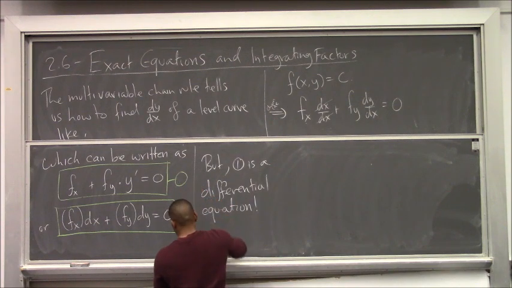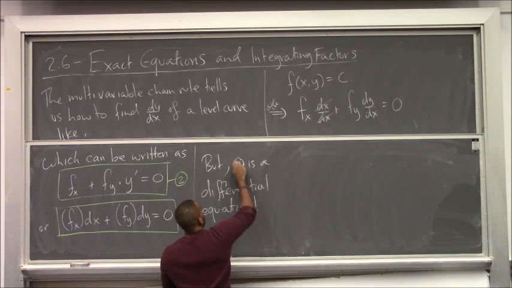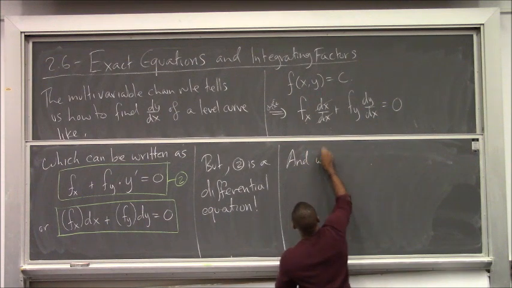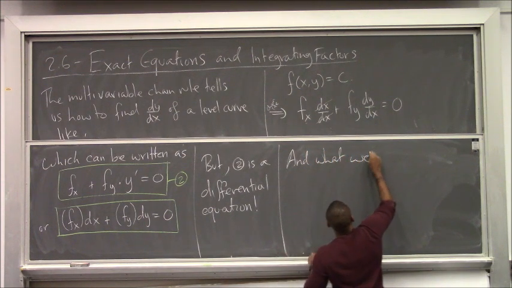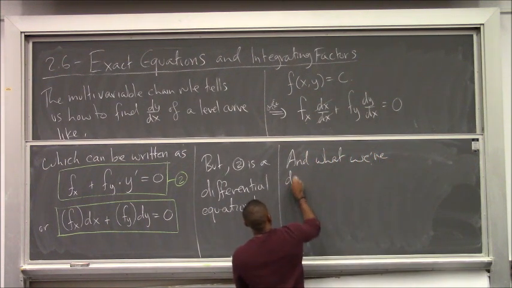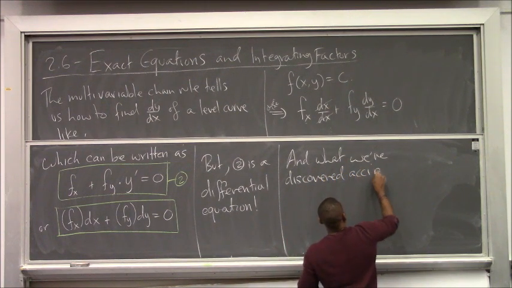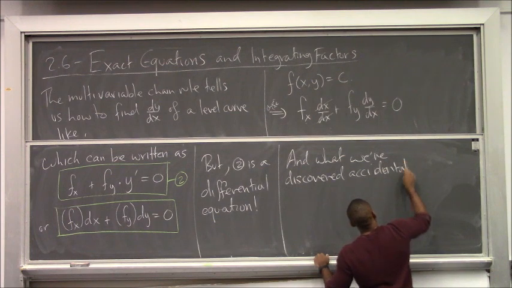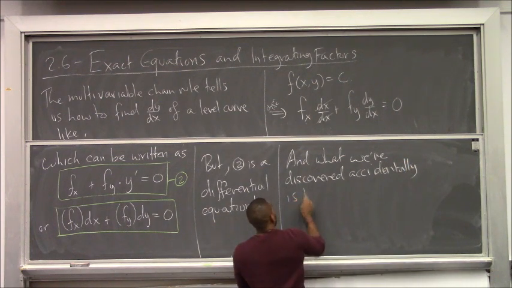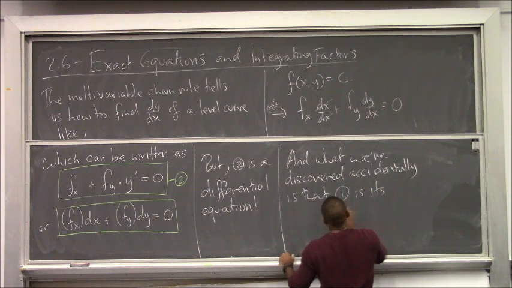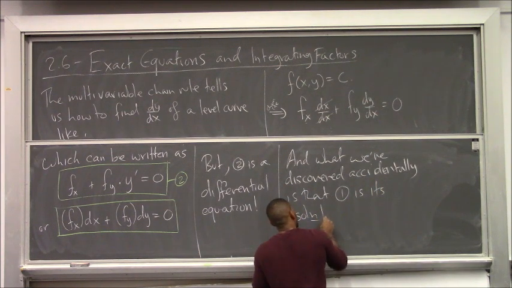Actually, we call that 2, because otherwise it's going to seem very silly. And what we've discovered accidentally is that 1 is its solution. What is 1?